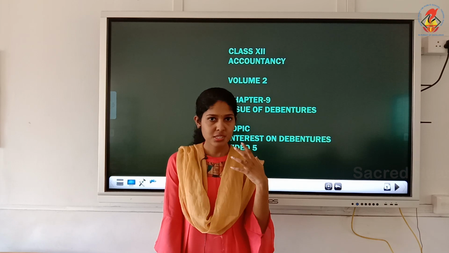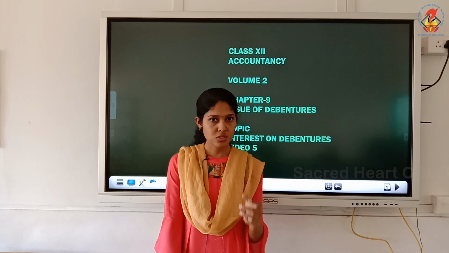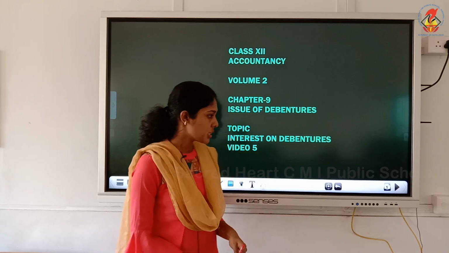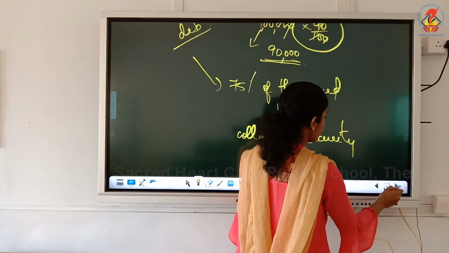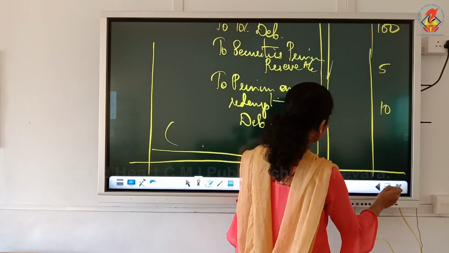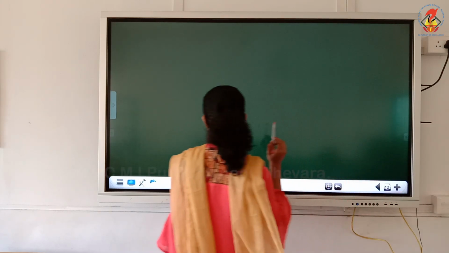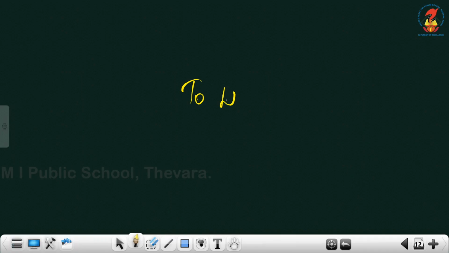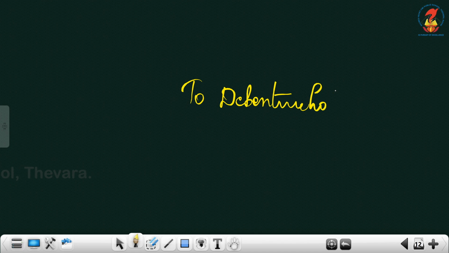We are going to discuss the journal entries for interest on debentures or debenture interest. This is an item which is payable by the company to debenture holders. So debenture holders are our creditors, so we have to credit their account.